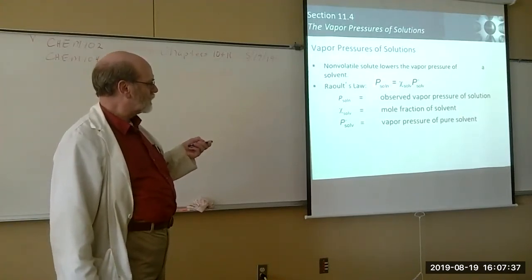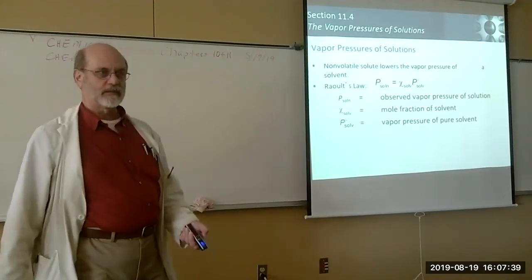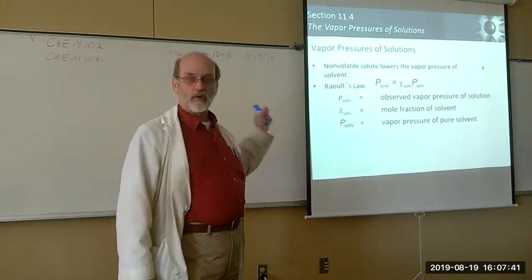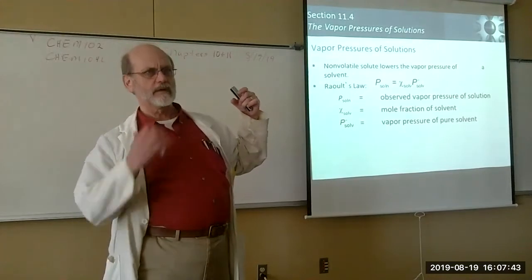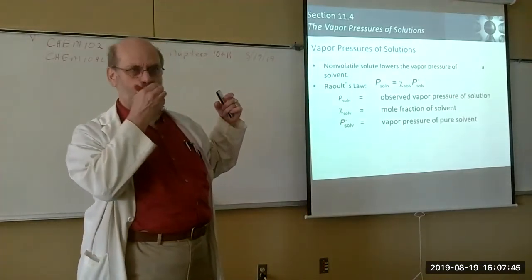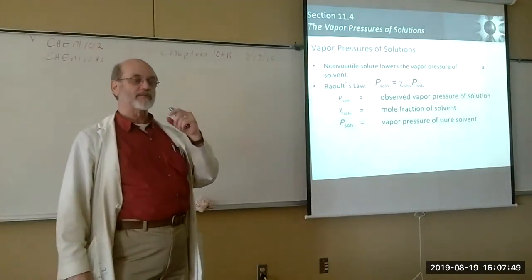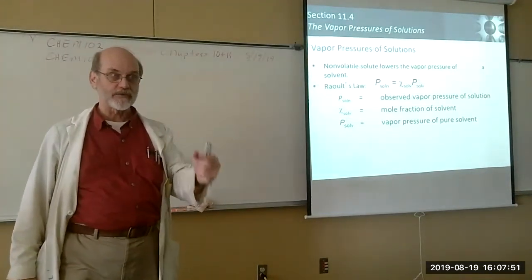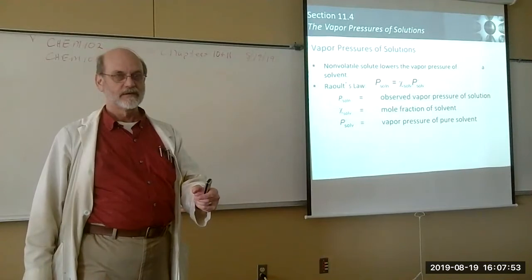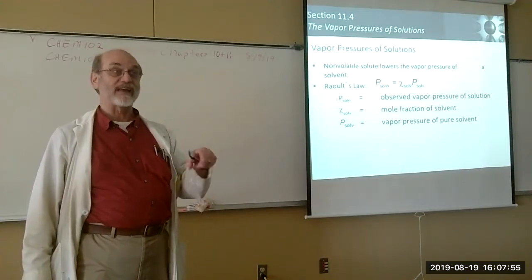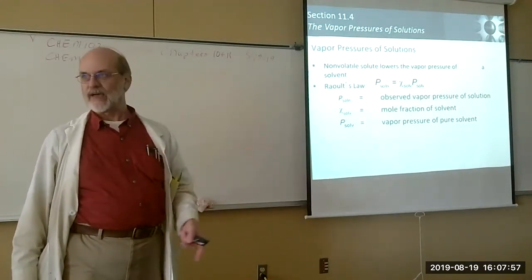Once you know the mole fraction of the solvent. So remember we calculated the mole fraction of, what was it, phosphoric acid. Okay, that's the mole fraction of the phosphoric acid. What's the mole fraction of the solvent? It's 1 minus that value, right?